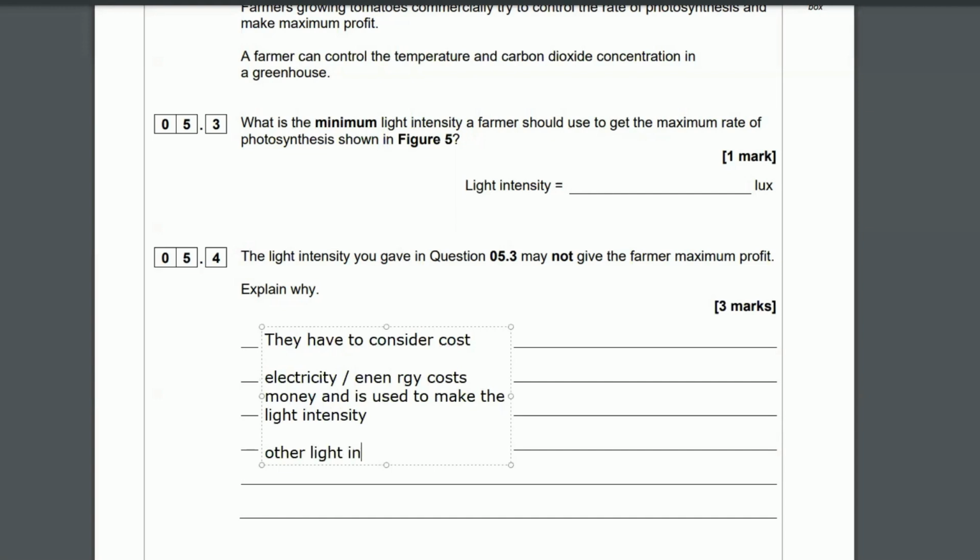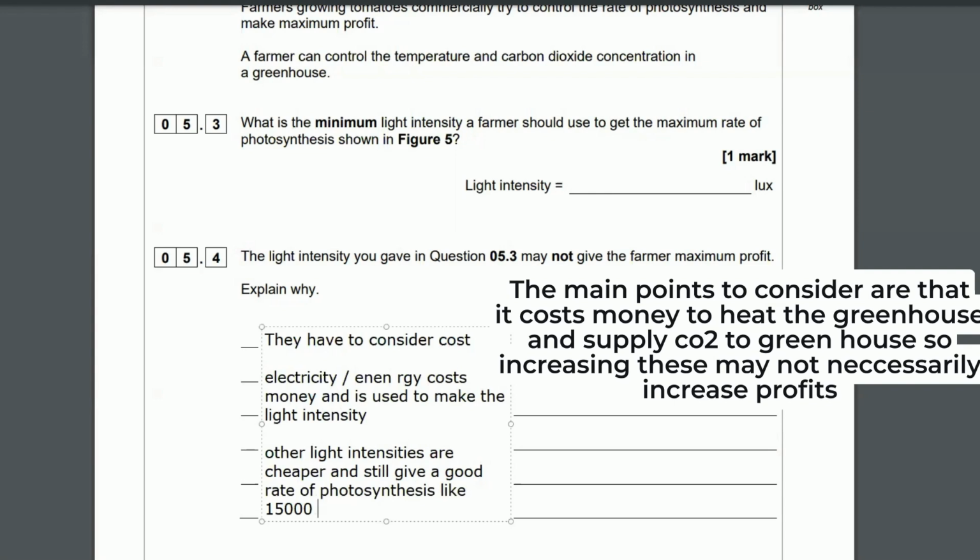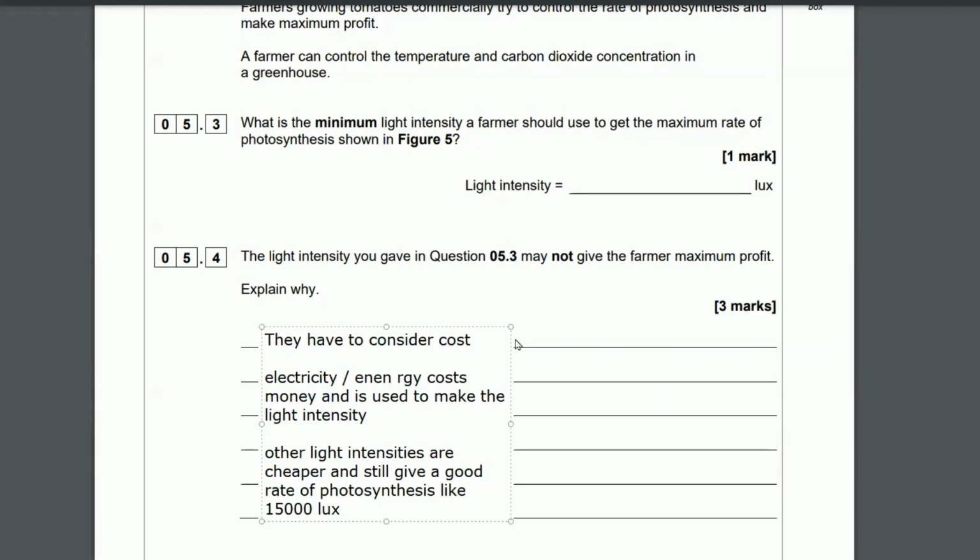Other light intensities are cheaper and still give a good rate of photosynthesis, like 15,000 lux. There you go. I'll give my own little example to show the examiner that I've been reading the graph and trying to answer it well.